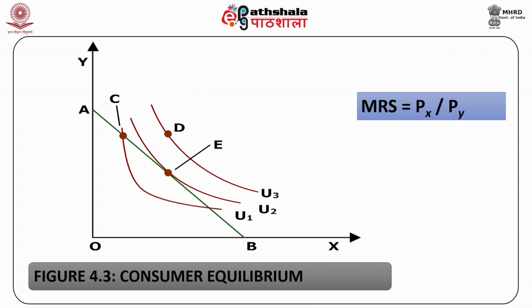At this point, the budget line and the indifference curve U2 are tangent to each other and no higher level of satisfaction like point D can be attained. At E, the equilibrium point, the marginal rate of substitution between the two goods equals the price ratio. At C, however, because MRS is greater than the price ratio, satisfaction is not maximized. Thus, at the consumer's equilibrium, MRS is equal to Px upon Py.